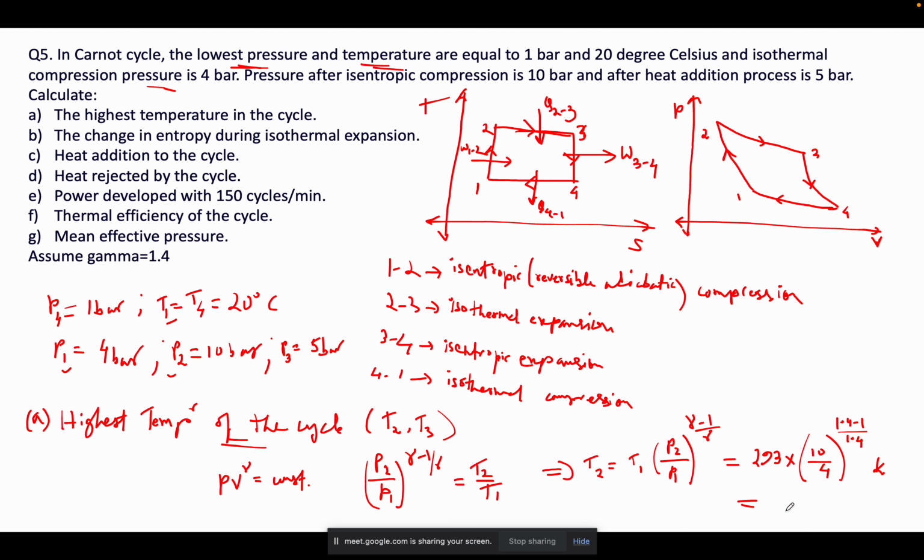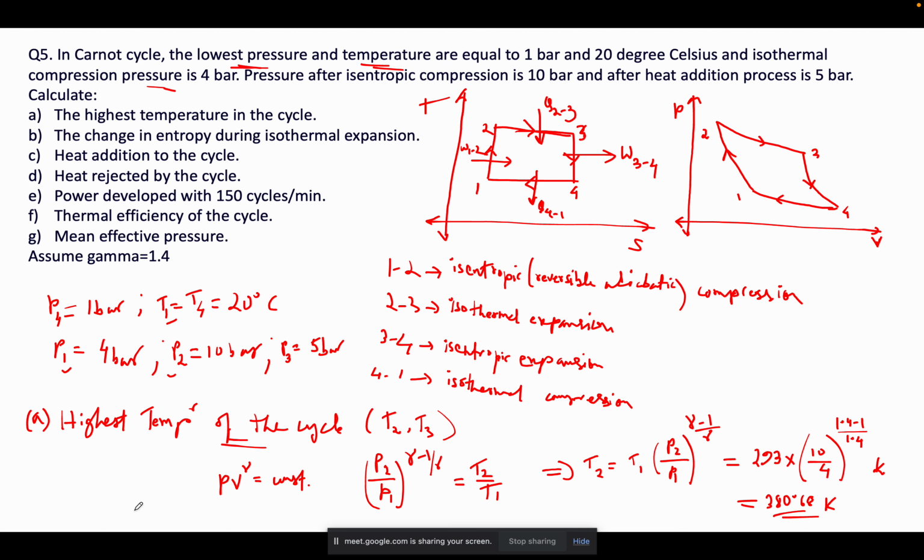If you do the calculations, you will get your answer as 380.68 Kelvin. Very simple.